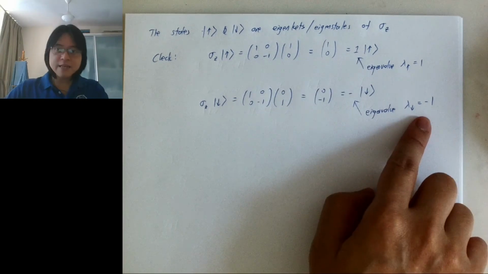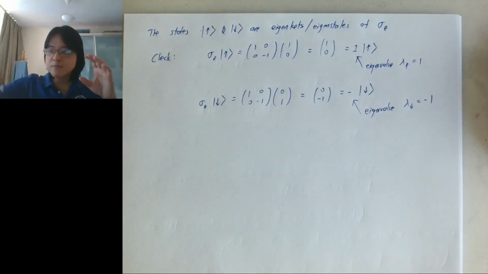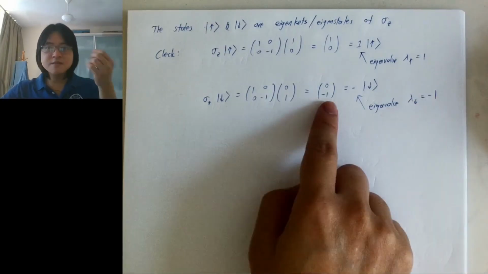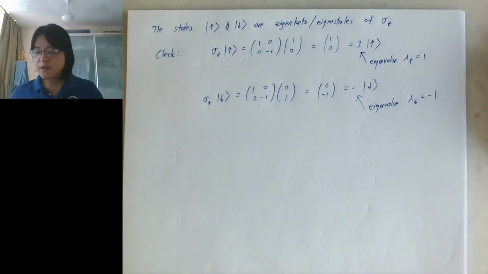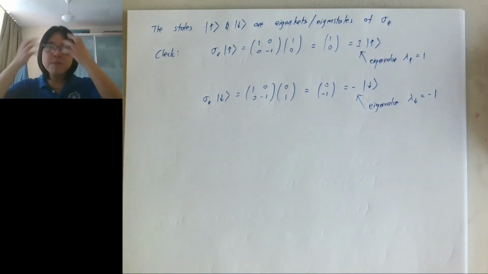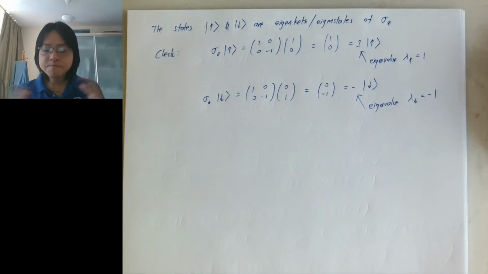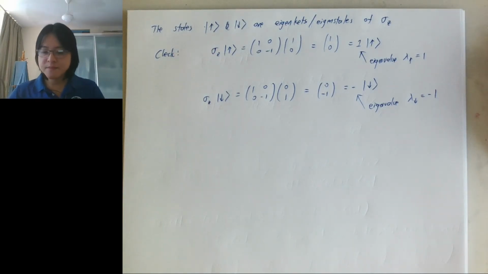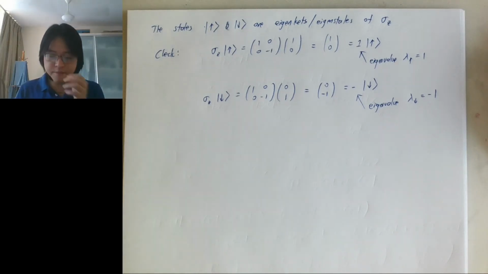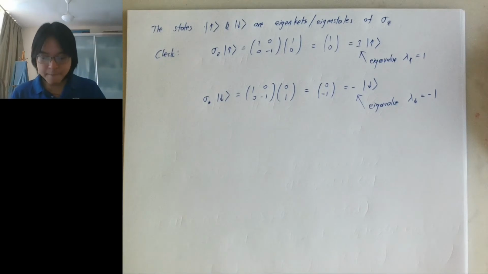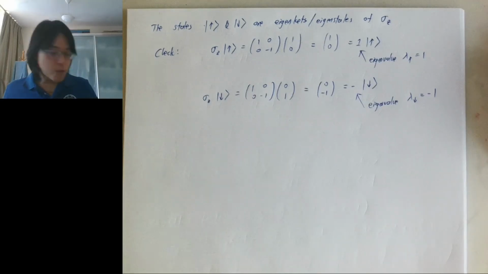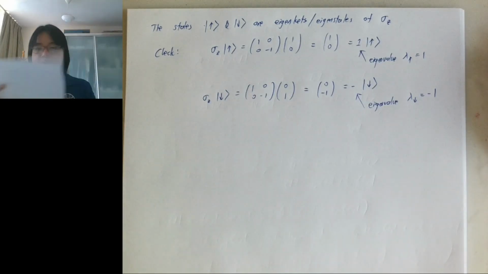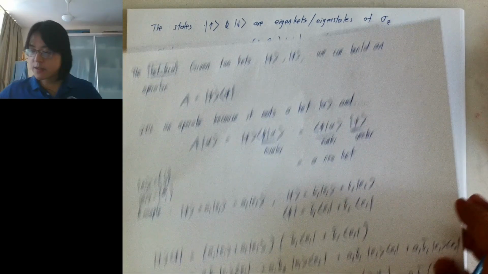If you do the experiment and the machine tells you -1, that means your electron is doing this. So that is what we mean by eigenstates and eigen measurements. Okay, so one last word to explain on postulate 2.